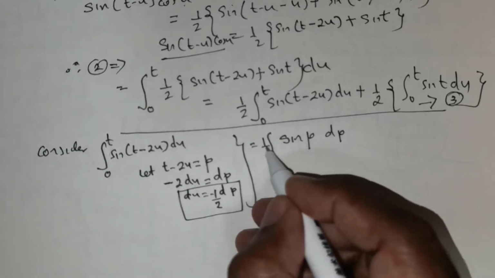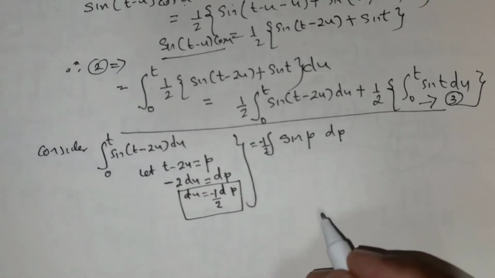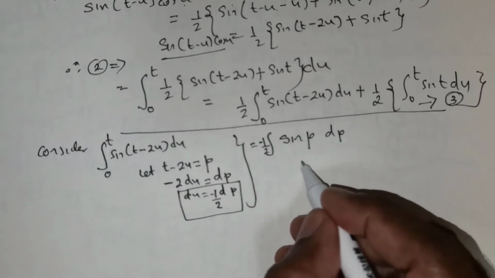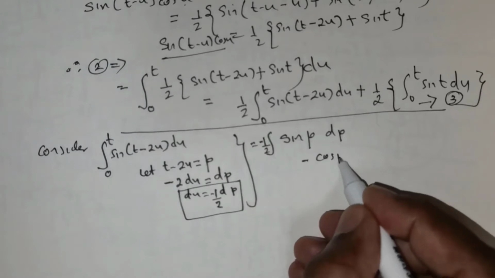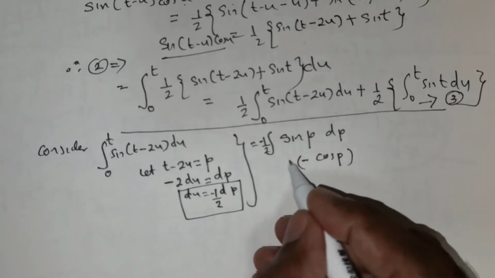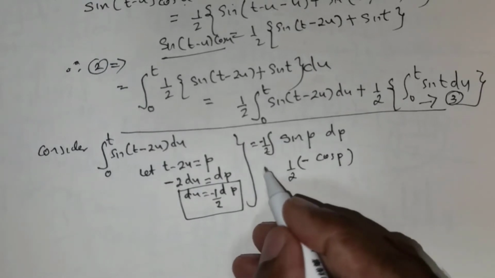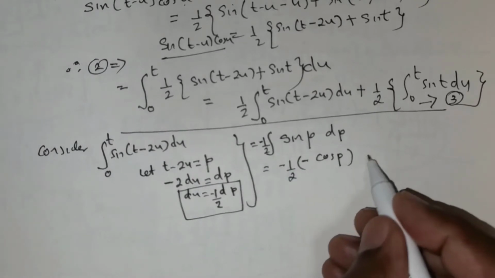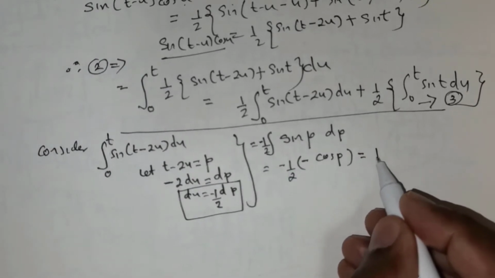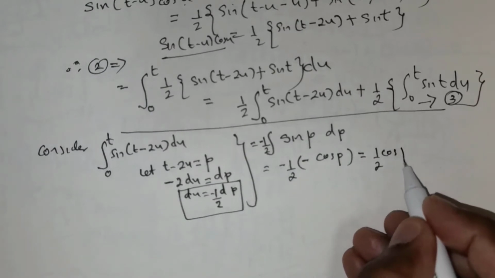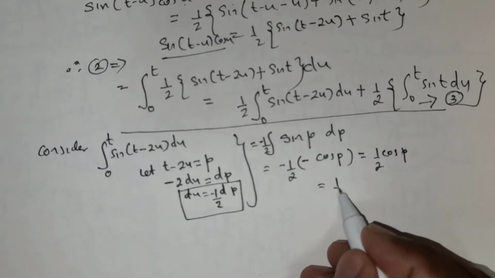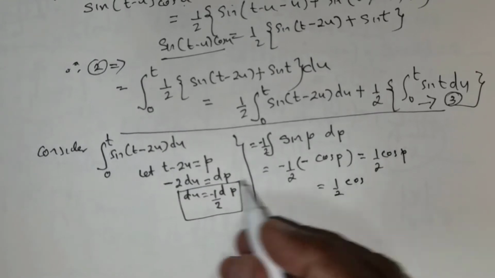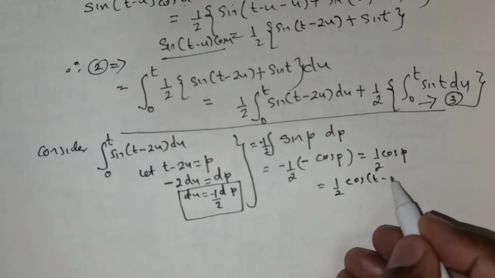So place that 1 over 2, place the negative sign. Now if you integrate sine p, this is going to be negative cos p. Of course there is a 1 over 2 there, but there is a negative sign there, so place that. Now this can be rewritten as 1 over 2 cos p. But what is p? P is nothing but t minus 2u.